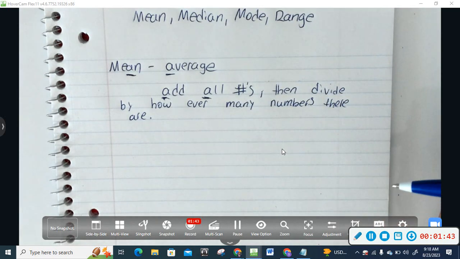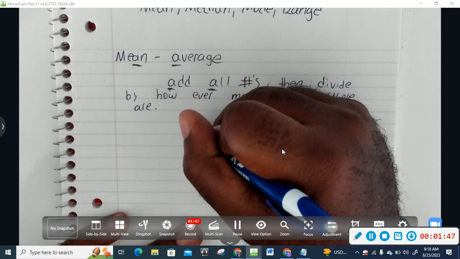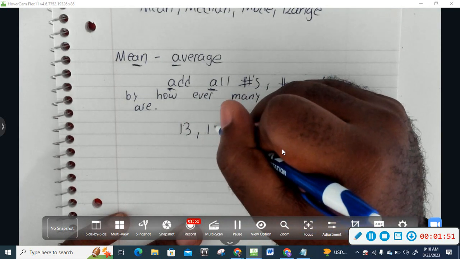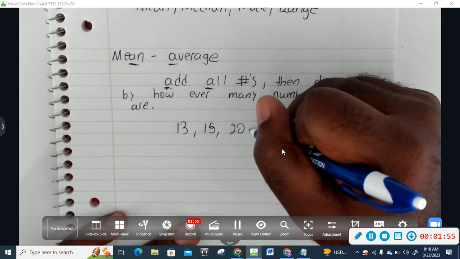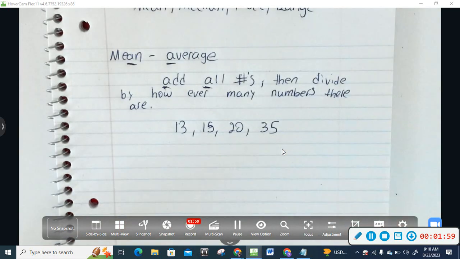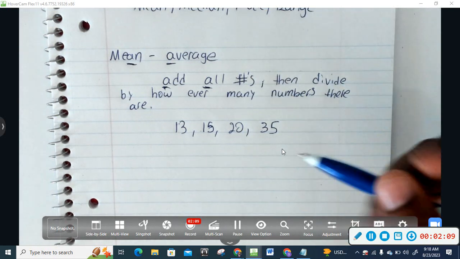Before we even go to the next definition, let's say I have the numbers 13, 15, 20, and 35. Let's say those are my numbers and they told me to find the mean. By definition, I have to add all numbers. That's the first step.